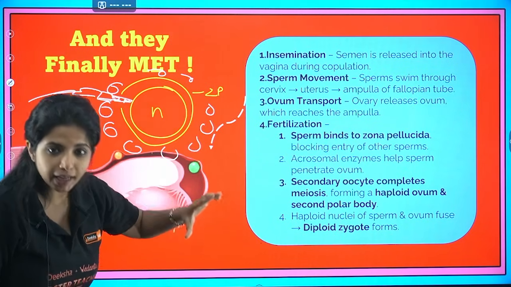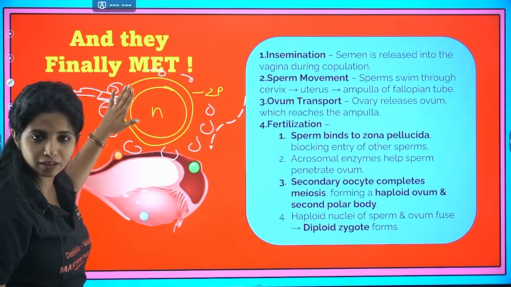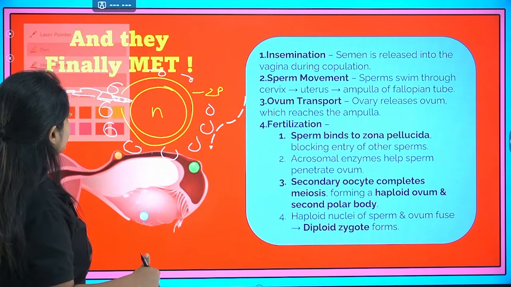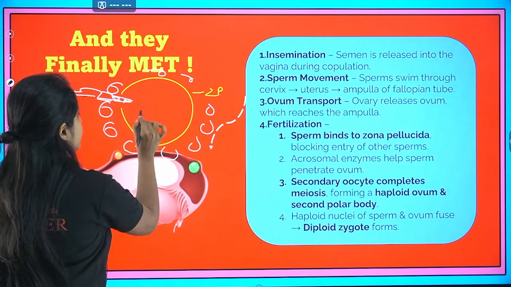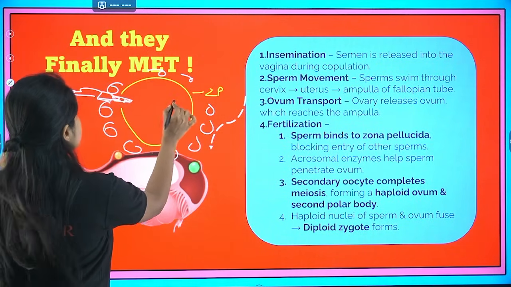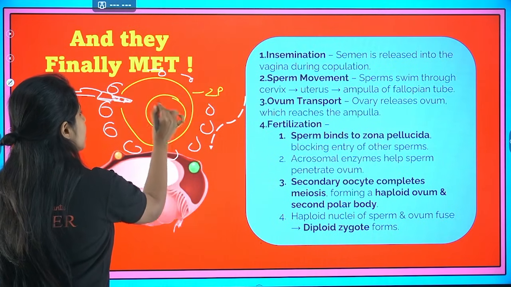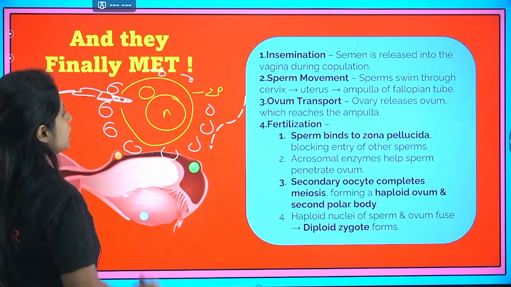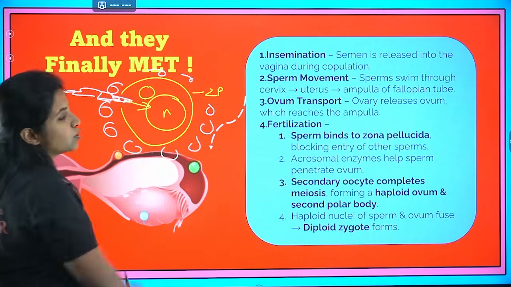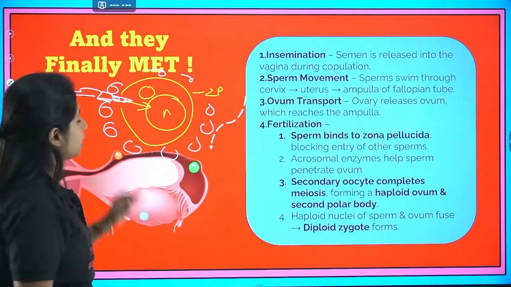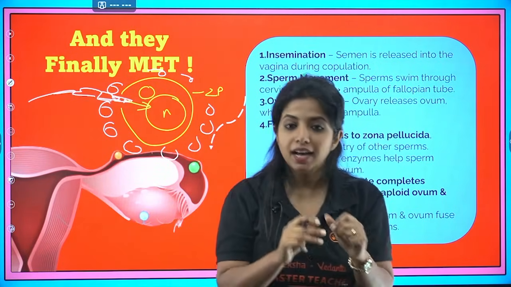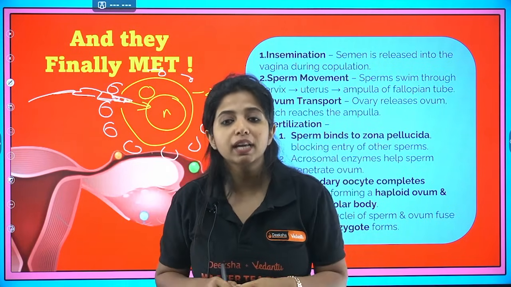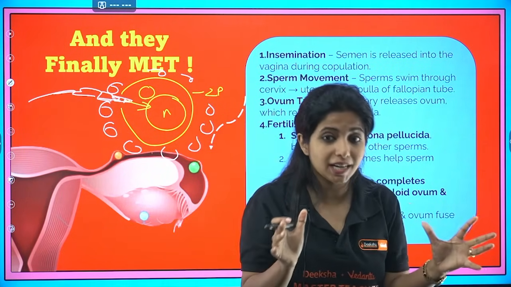At this point, when they are really close and get signals, the secondary oocyte undergoes division and forms one ovum and one second polar body, and this ovum and the sperm are going to fuse. Once a sperm penetrates the zona pellucida and gets inside, the zona pellucida layer becomes very thick so that no other sperm can come.